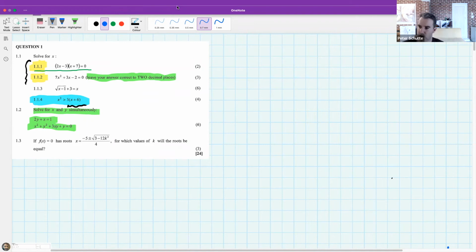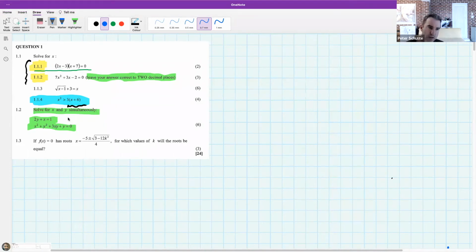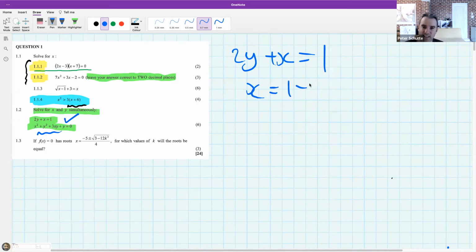So in the last lesson, I said there's almost always an easier and a harder equation. And I would substitute the easier equation, which for me would be this one, into the harder one over here. And when I look at the easy one, I would choose the easier variable to make the subject of the formula. So when I looked at the easy equation, I would make the x the subject of the formula because it looks the easiest to me.